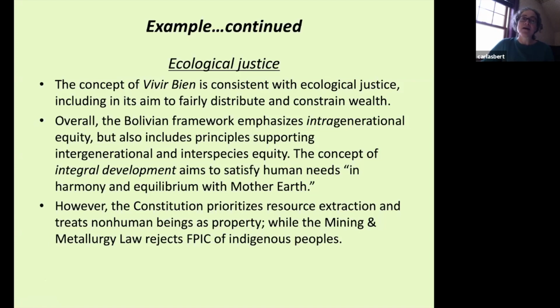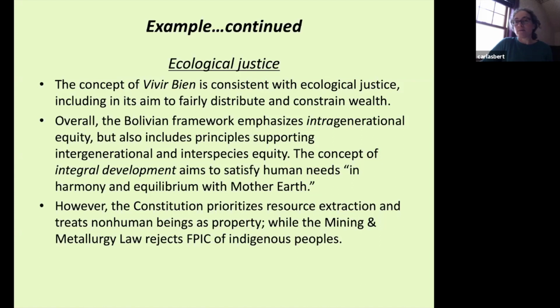And if we only look at the framework law and the rights of Mother Earth law, it seems positive. But when we look at the Constitution and the mining law and even the environmental law, which ignore all these other positive elements, we see resources or the other beings and the components of Mother Earth treated rather as natural resources and as property.